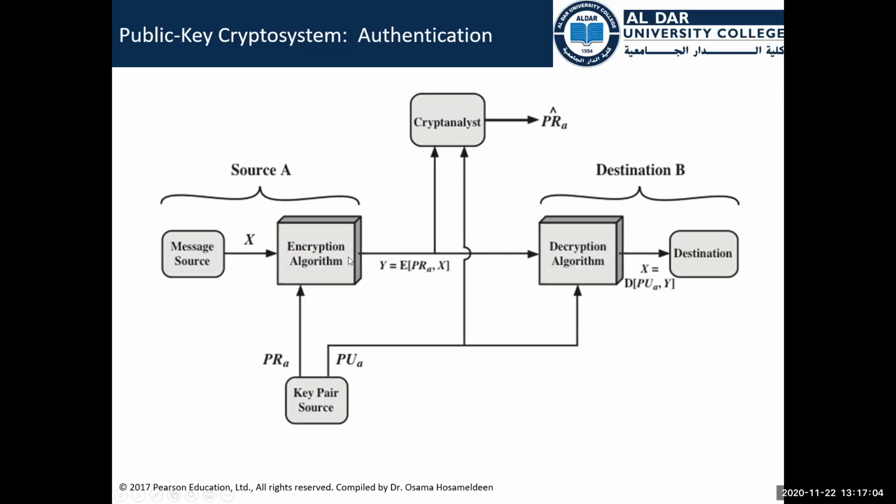Okay? And here we have the pair of public key and private key. The first one is the private key of A, which is the source, and the encryption algorithm uses the private key of A to come up with Y, which is the ciphertext.